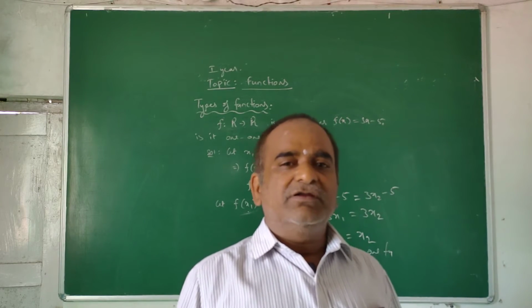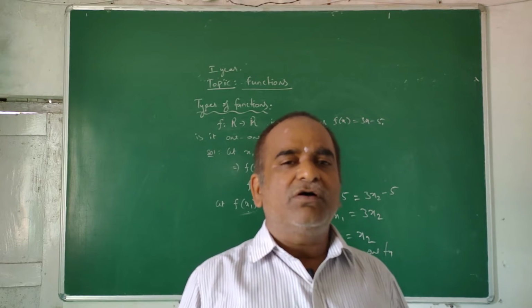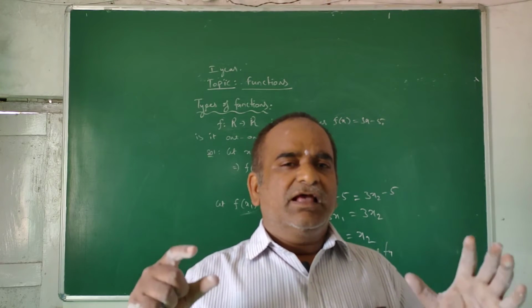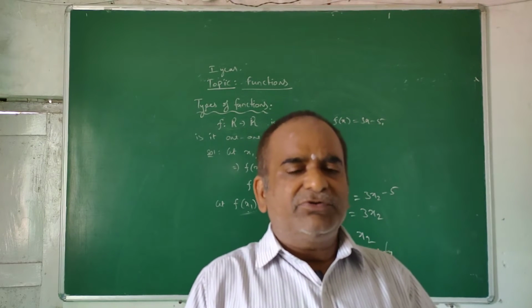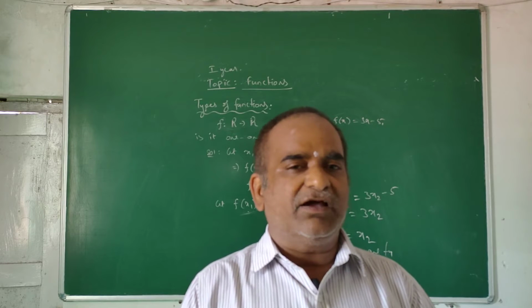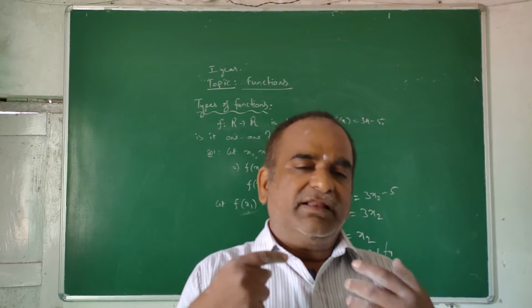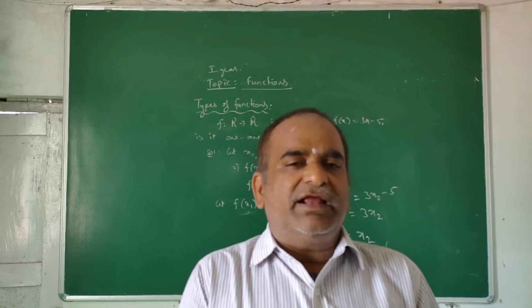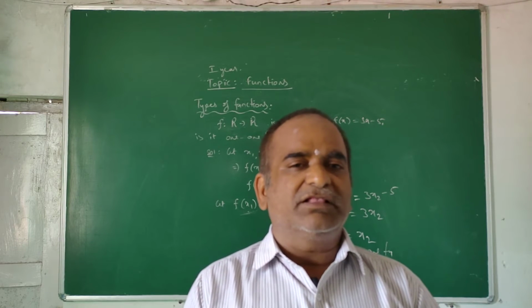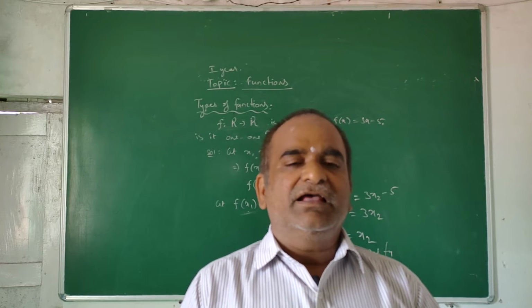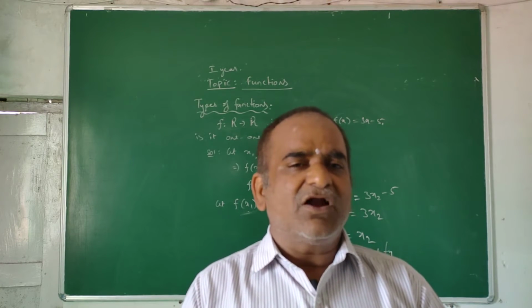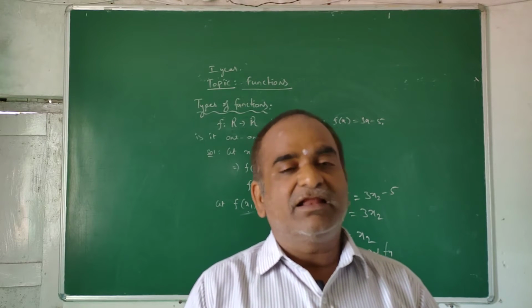Typically, in order to prove no, it is enough to prove it with a particular example. To say yes, you cannot take particular numbers. But to say no, even two numbers can prove it, because in mathematics true means true for all, and false need not be false for all.